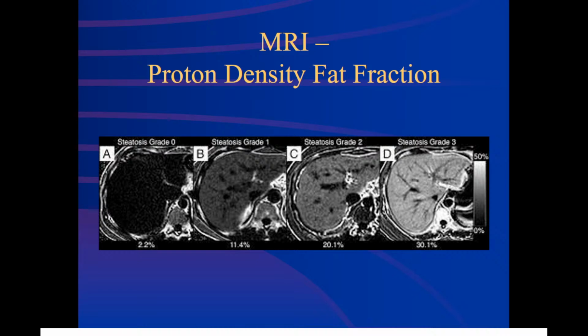MRI is maybe one of the most expensive and most advanced methods for diagnosis of diffuse liver disease. For example, steatohepatitis. If a small amount of fatty cells is present in the liver, it is not so bad.